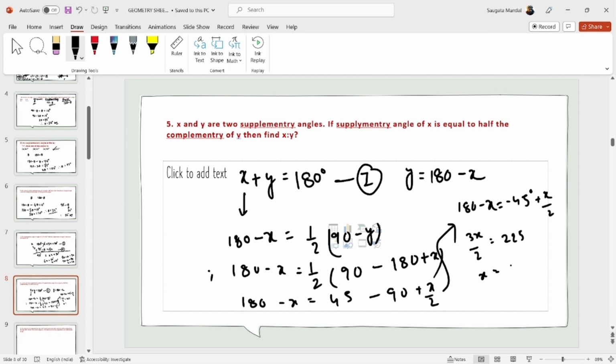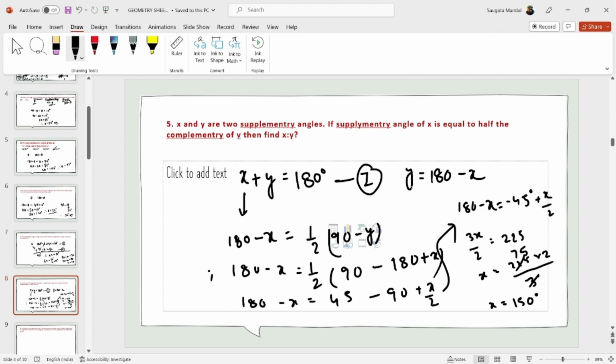X equals 225 multiplied by 2 by 3. 375. X equals 150 degree.